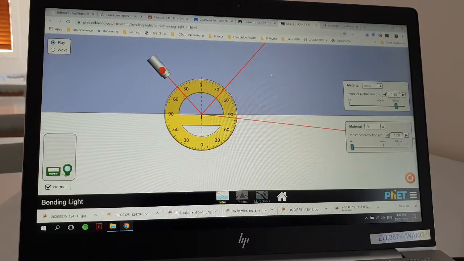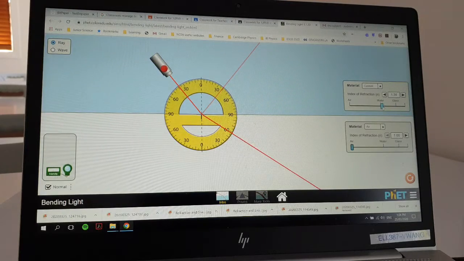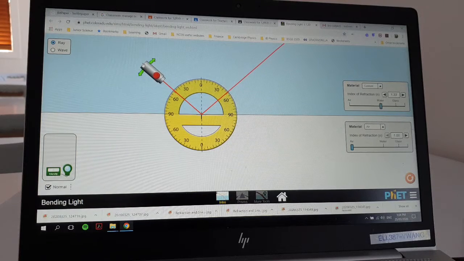So you can guess it's probably dependent on the medium. If I change the glass to a very high density material, the critical angle becomes about 39 degrees. If I make it water, let's test how big the critical angle is: about 48, 49 degrees.